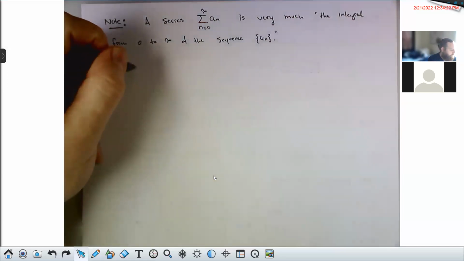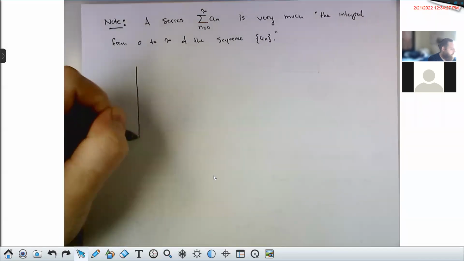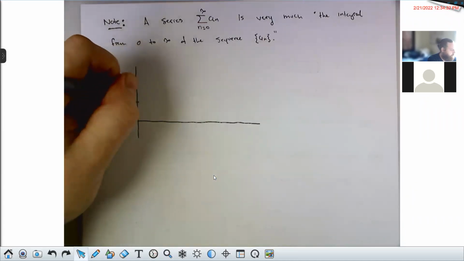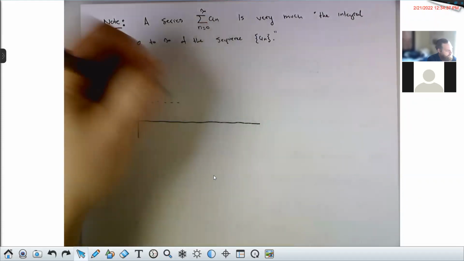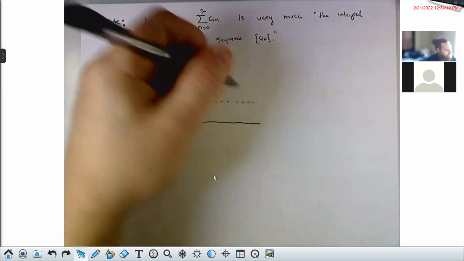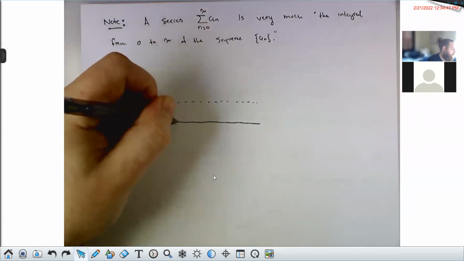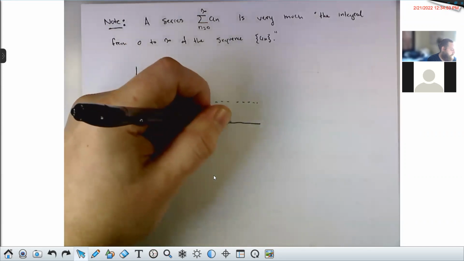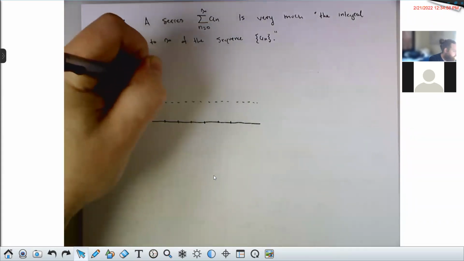What do I mean when I say this? Well, if you look at the graph of your sequence, suppose your sequence has limit L, although this isn't necessary for this analogy. It could be anything, or maybe not even exist, and the analogy would still work fine. Then the graph of your sequence is going to look something like this, right?